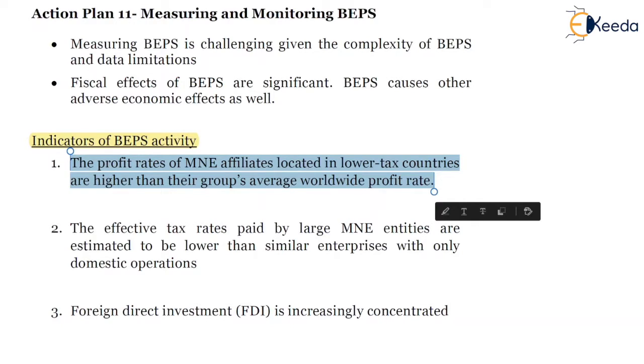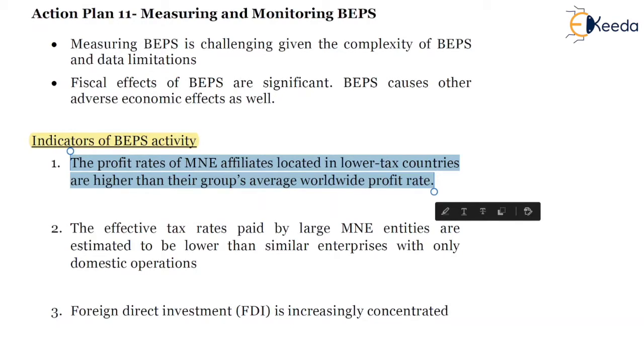meaning the income of the M&E group is being transferred to such an entity only to reduce overall taxes of the group.